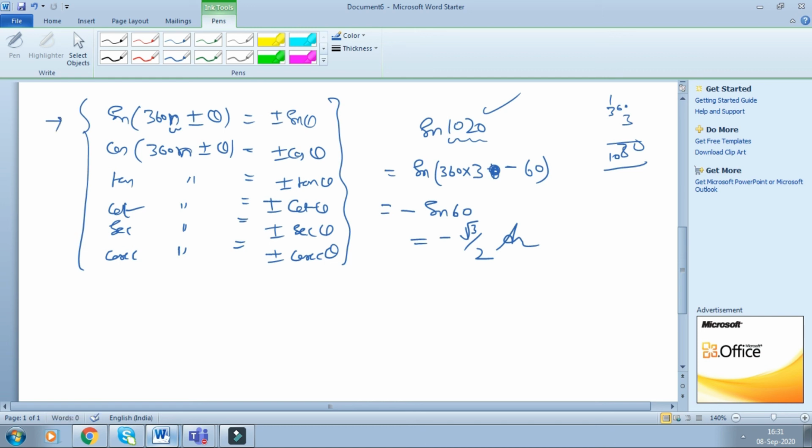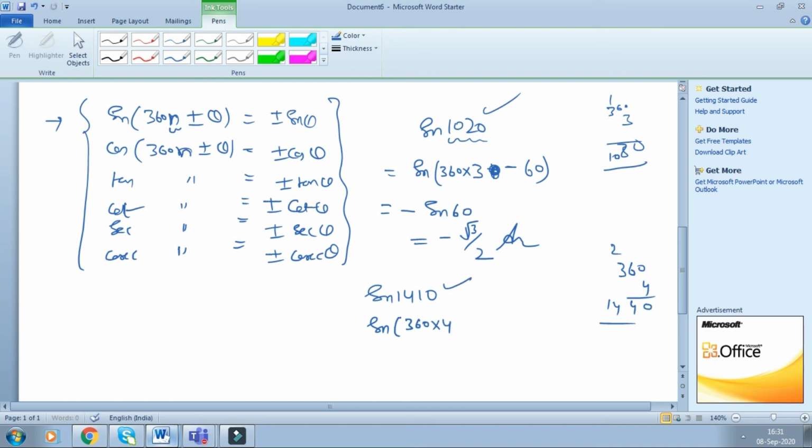Let me do one more question for you: sine 1410. Let me very quickly see. 360, definitely for 3 it is this, so I'll put 4. If I put 4, it is 1440. So this helped me a lot. So 360 into 4.